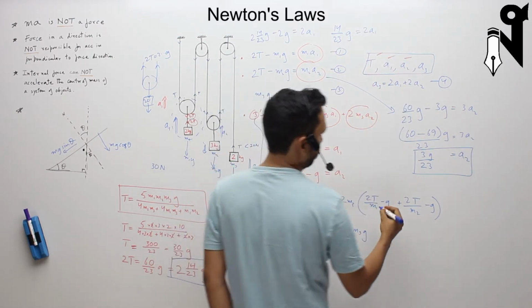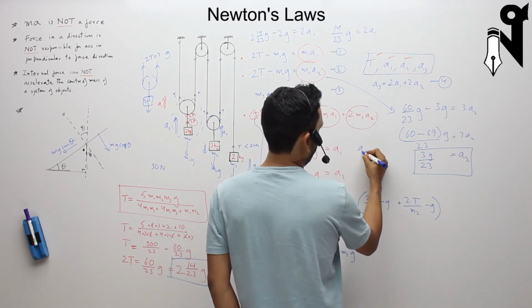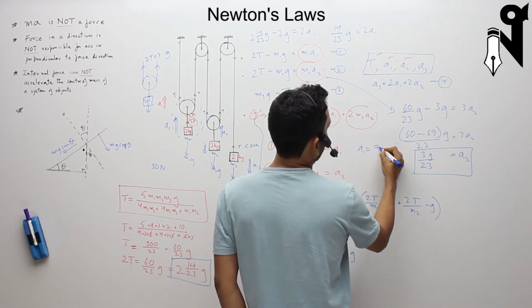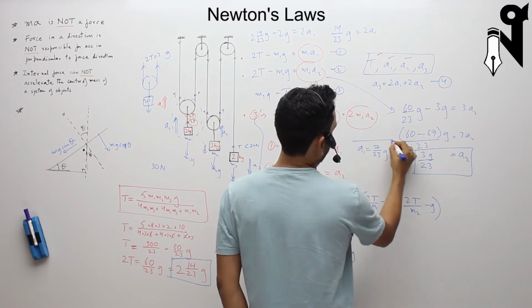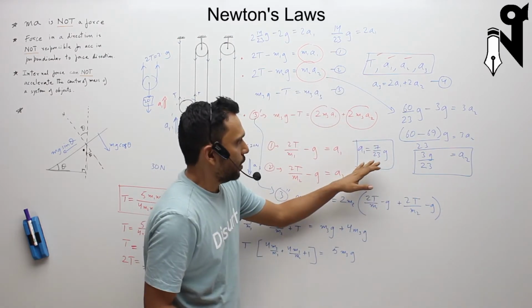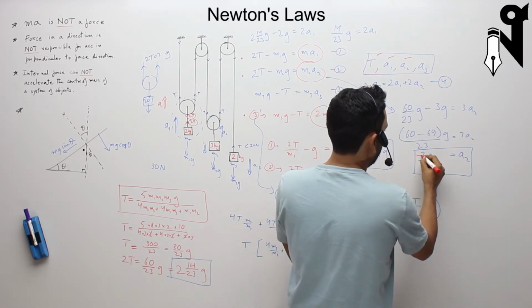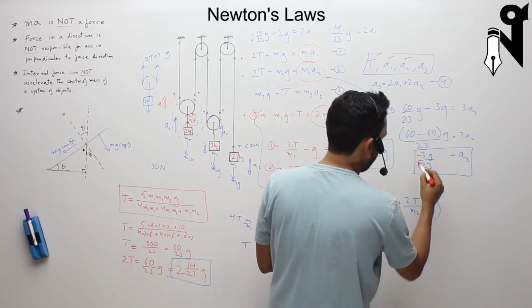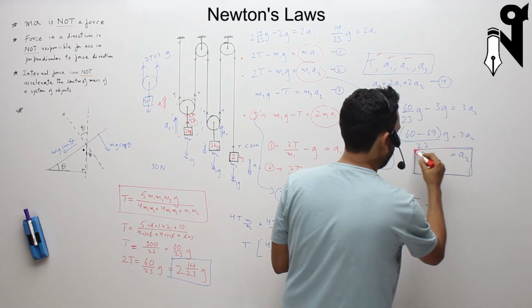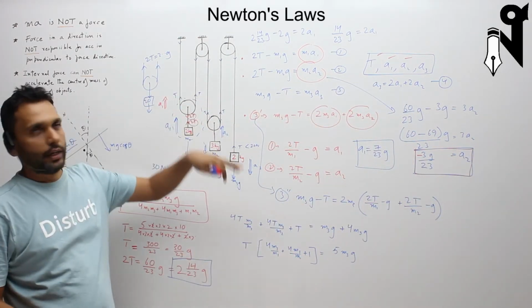Hence A1, let me write over here, A1 is equal to 7 by 23 G. So A1 is correctly going in the direction we thought. A2 is not. A2 is going in the opposite way to what we have assumed.